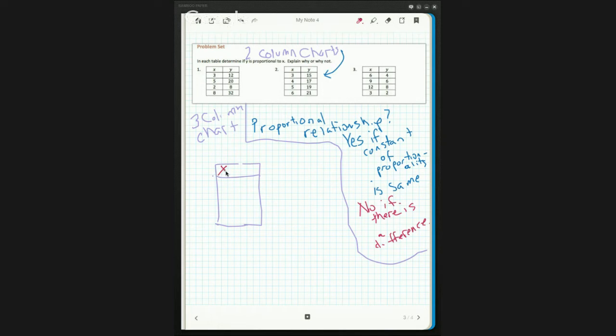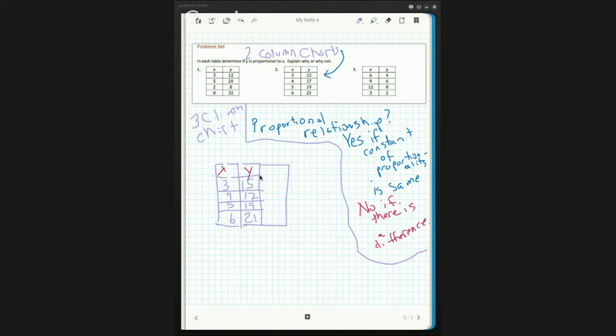We have a label of X and Y. And those X's and Y's are (3 and 15), (4 and 17), (5 and 19), and (6 and 21).